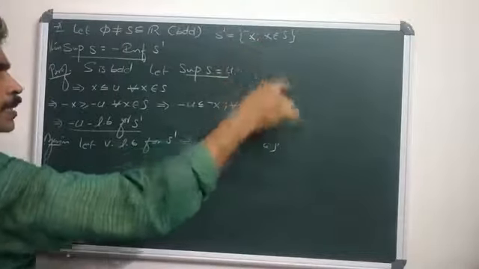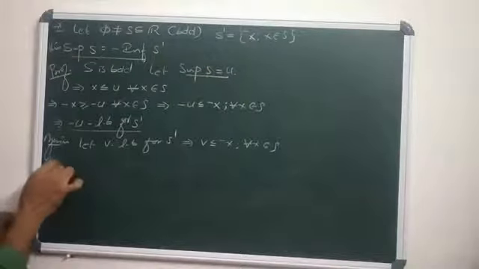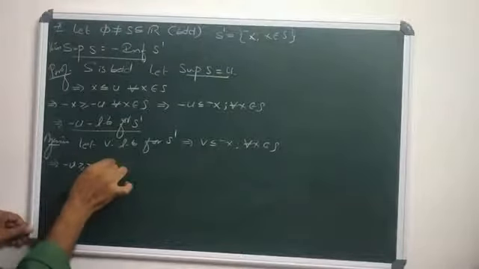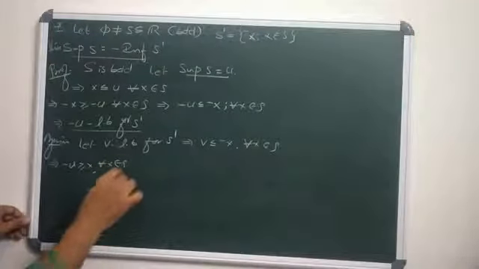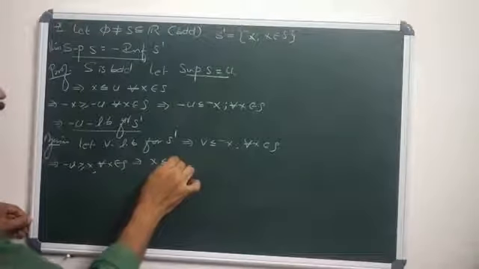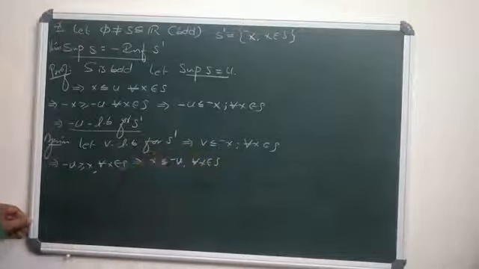Because S dash is constructed in this way. So V less than or equals minus x means minus V greater than or equals x for all x in S. That means x less than or equals minus V for all x in S.